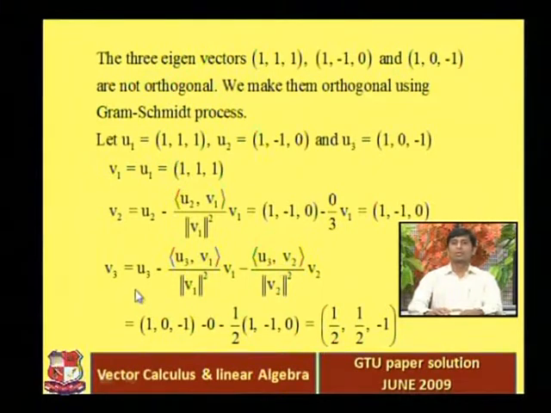This is the formula for v3: v3 is equal to u3 minus inner product u3 v1 upon norm v1 square into v1, minus inner product u3 v2 upon norm v2 square into v2.